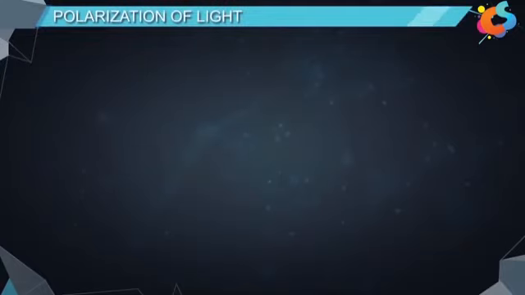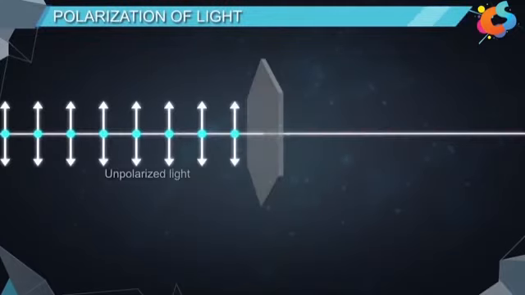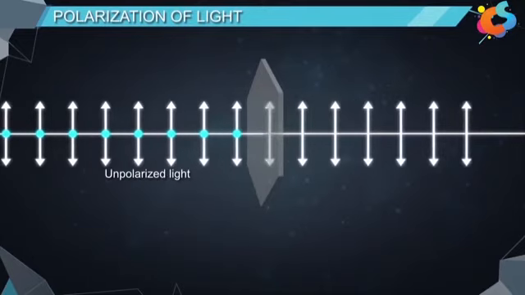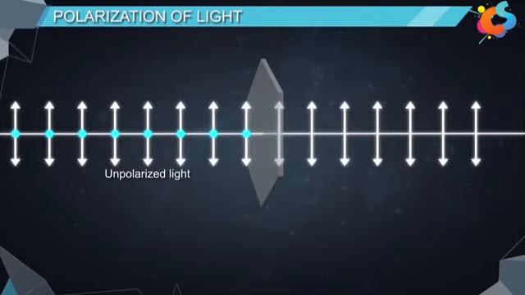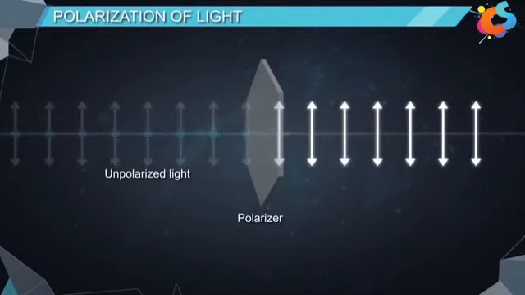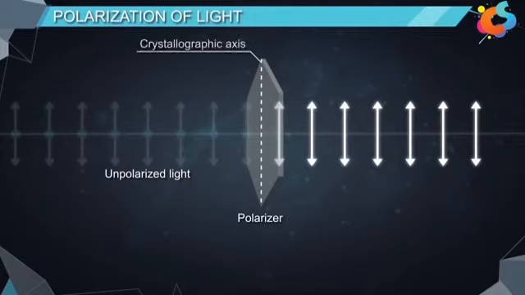Polarization of light. When an unpolarized light is allowed to pass through a Polaroid, let's call it a polarizer, out of all the vibrations of light, only those vibrations pass through the crystal which have vibrations parallel to the crystallographic axis. Here, the crystallographic axis is represented by the dotted line.